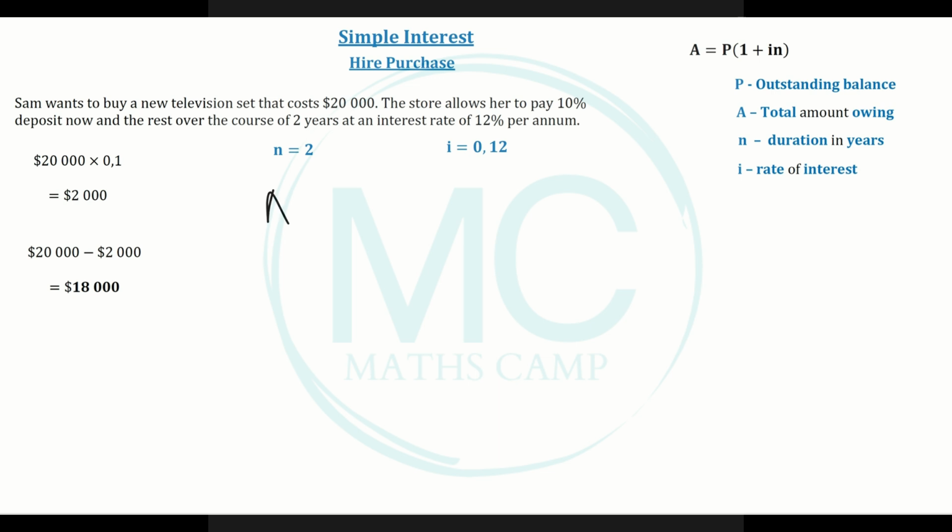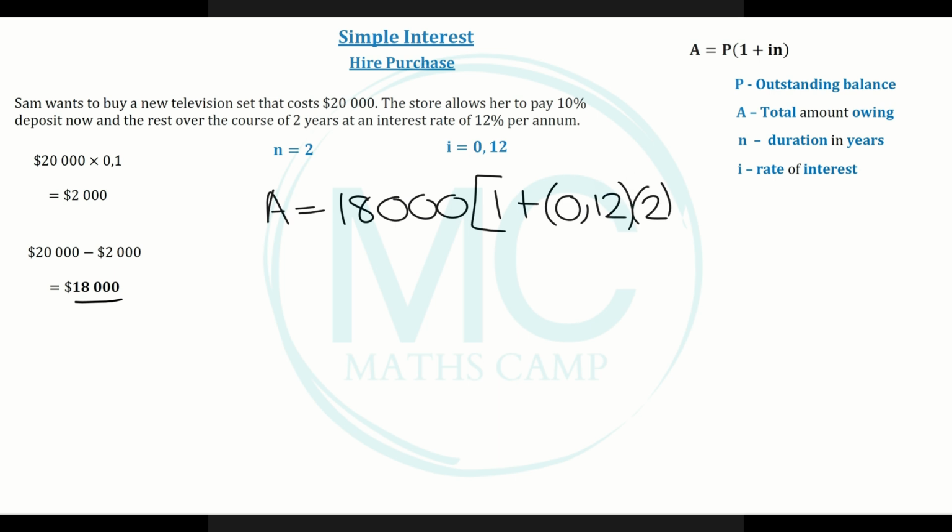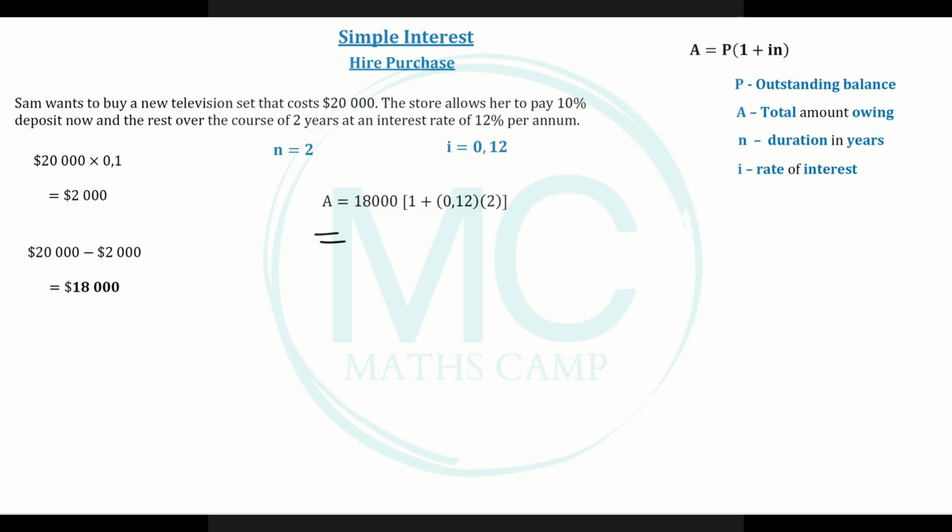Now that we have these values, we can put them into the formula and solve for A. So we say A is equal to P, 18,000, open our bracket, then we have 1 plus the value of I, 0,12, multiplied by N, which is 2. And we can close our brackets. Now we have 18,000 outside of the bracket.